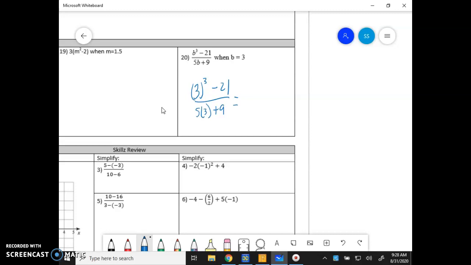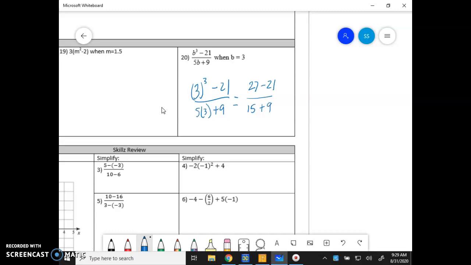All right, so 3 to the third power is 3 times 3 times 3. So 3 times 3 is 9. 9 times 3 is 27. So we get 27 minus 21. And then we have 3 times 5 is 15 plus 9.